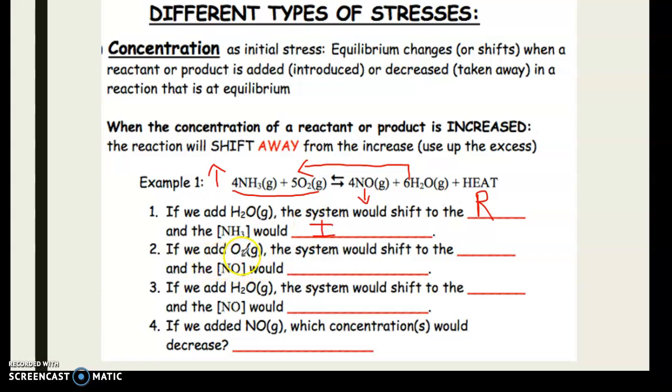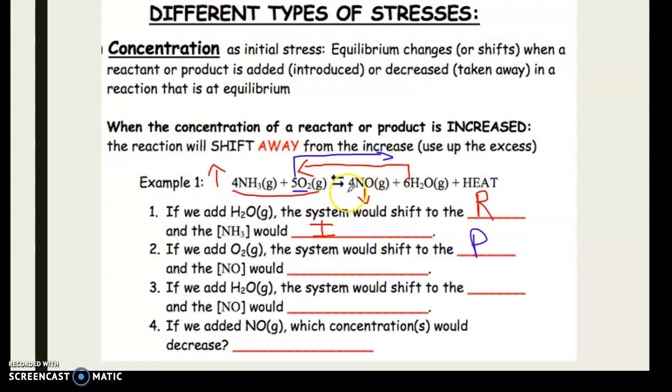So I'm going to write an I right here. Now if we add O2, O2 is right here. If we add O2, we're going to shift away from the increase, so we're going to go towards our product side.